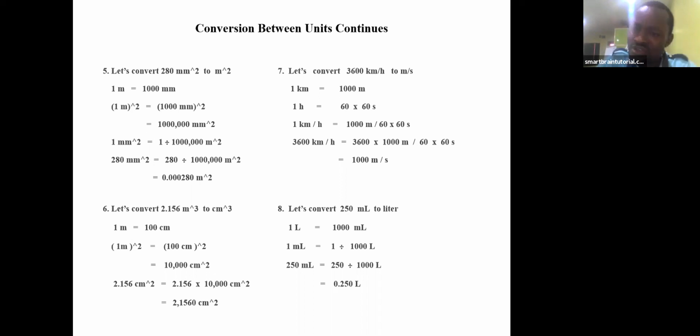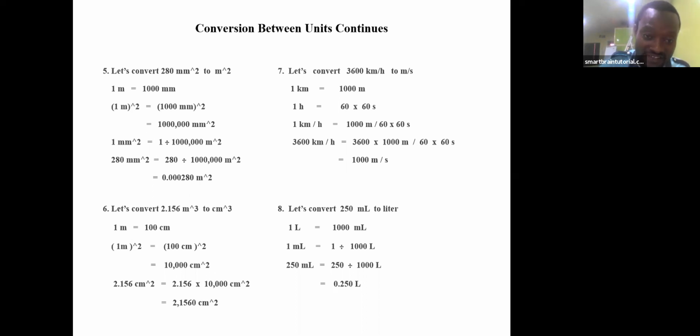Now, what if you are looking for 1 millimeter squared? You will divide that 1 meter by 1 million. It will now be 1 millimeter squared equals 1 divided by 1 million meters squared. But the question says convert 280 millimeters squared to meters squared. So 280 millimeters squared is equivalent to 280 divided by 1 million meters squared.